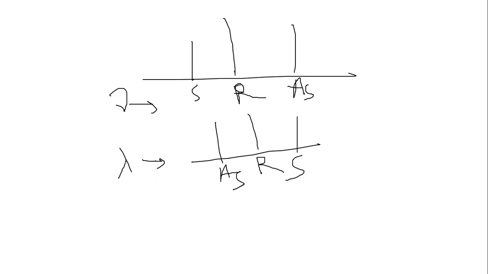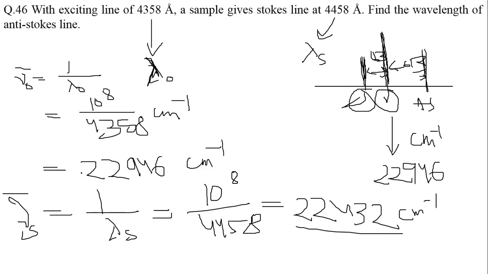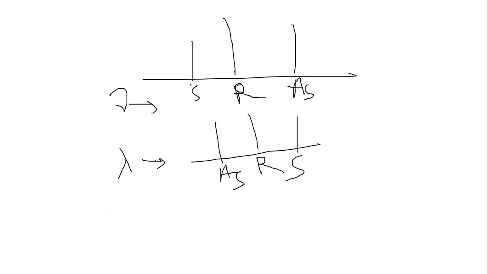So as you can see, in terms of frequency or wave number unit, the central line is at 22946 centimeter inverse, but the Stokes line is at 22432 centimeter inverse. So the Stokes line is before that of the Rayleigh line.